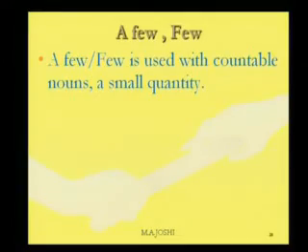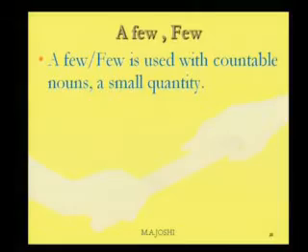When it is said a few, the meaning is a very, very small quantity. When the article a is removed, only few, then at least nothing, nil is there. The usage of little, a little, and a few, few are almost similar, but the difference is a little is always used with uncountable nouns and few is always used with countables.